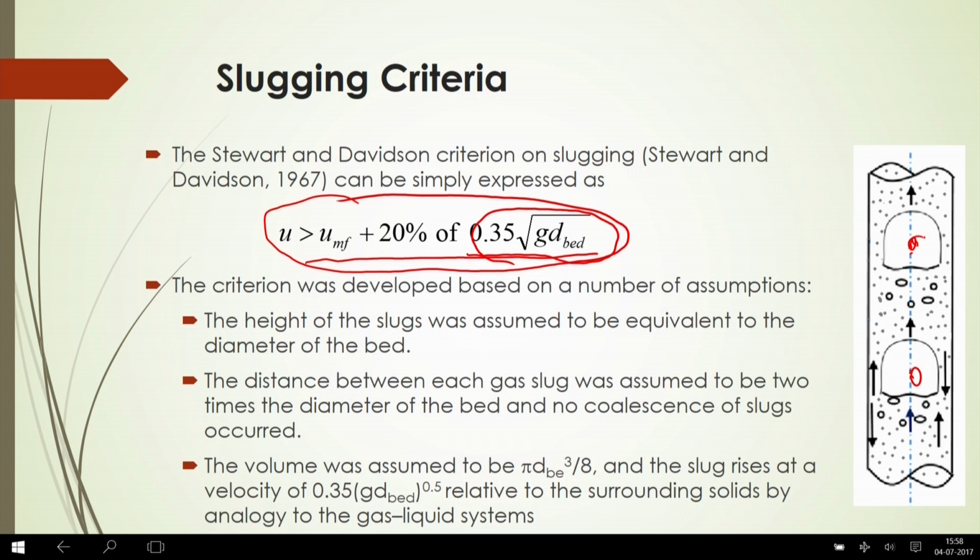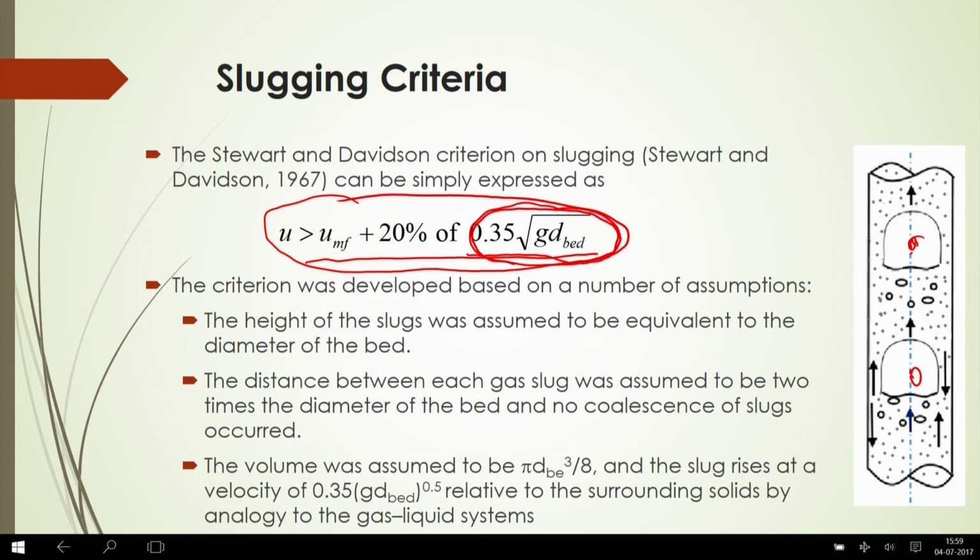So, the important point is that we will get slugging if the velocity you are controlling is greater than the summation of the minimum fluidization velocity and 0.35 times root over g dB. Of course, in this case they said that the height of the slug will be equivalent to the diameter of the bed, and the distance between two slugs will be 2 times the diameter of the bed.